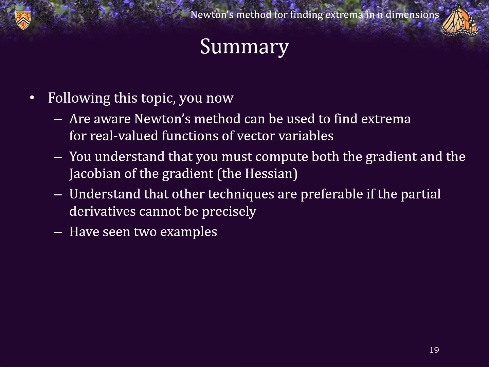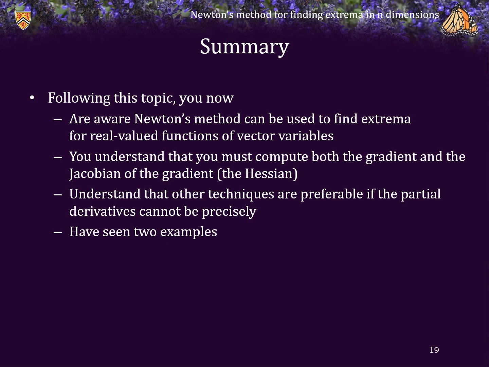Following this topic, you are now aware that Newton's method can be used to find extrema even for real valued functions of vector variables. You understand, to do this, you must be able to compute both the gradient and the Jacobian of the gradient, that is, the Hessian. You understand that other techniques, however, are preferable if you cannot explicitly calculate the partial derivatives.